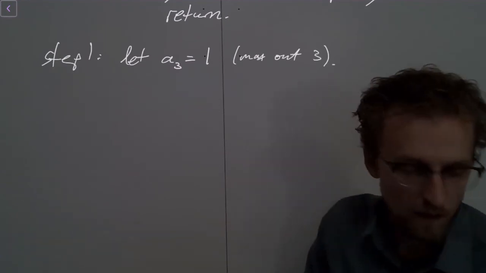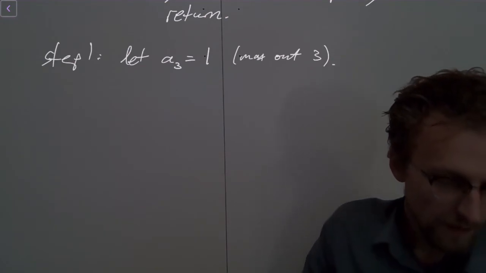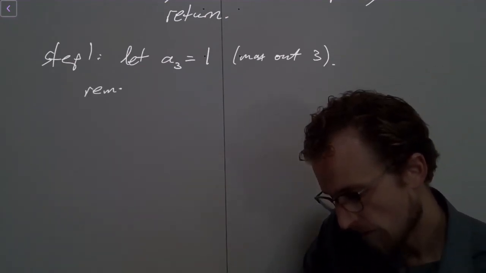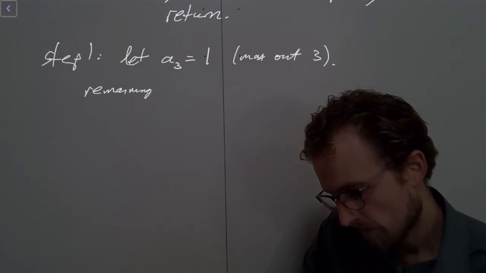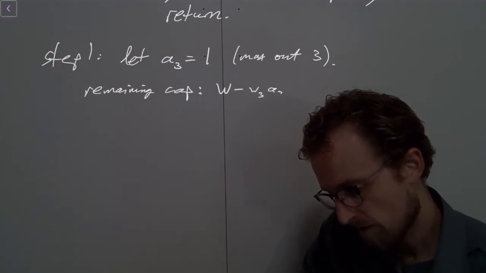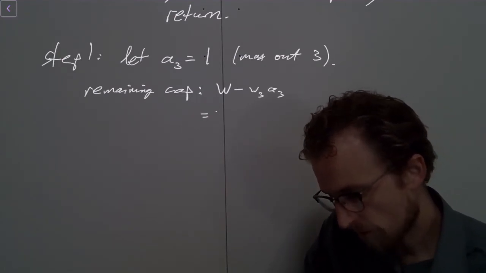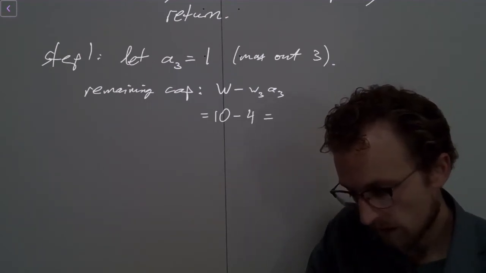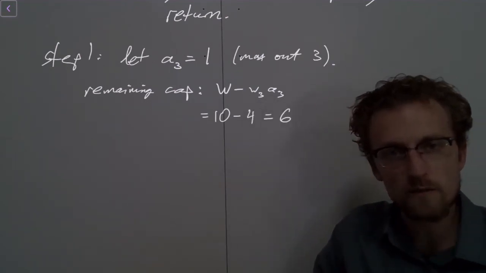Okay, so item 3 is 1, and now we want to say what's our remaining capacity? Capacity is W minus W3A3. Well, this equals 10 minus 4 times 1, so that's 6. So now we have 6 units of space left.